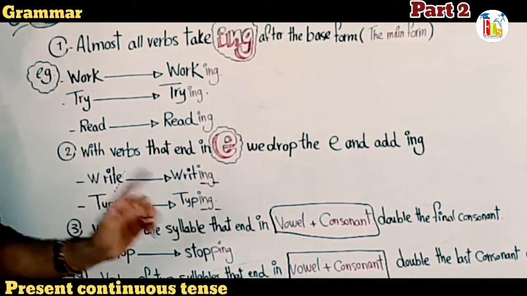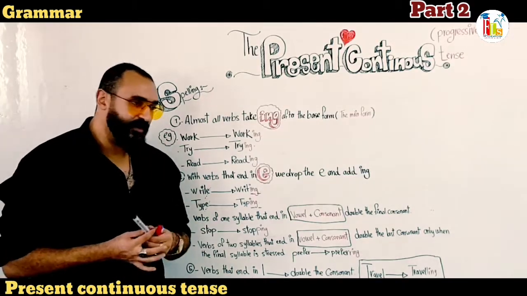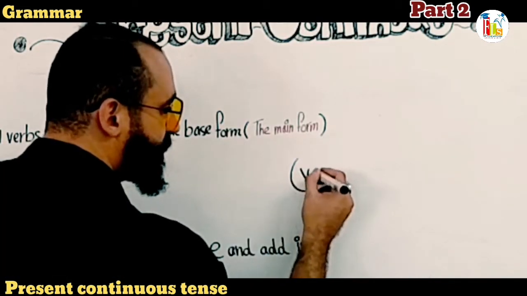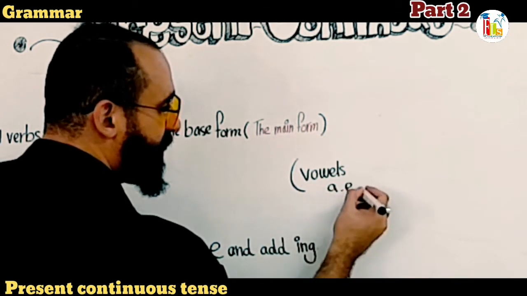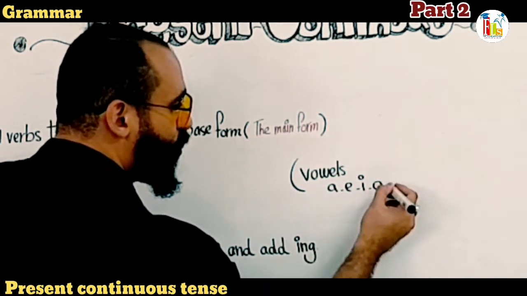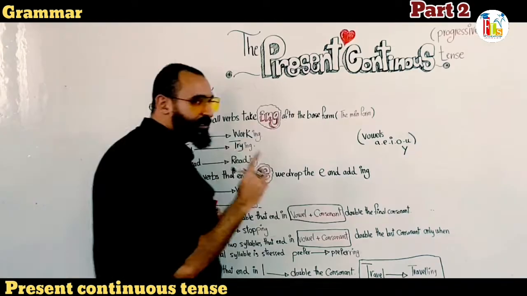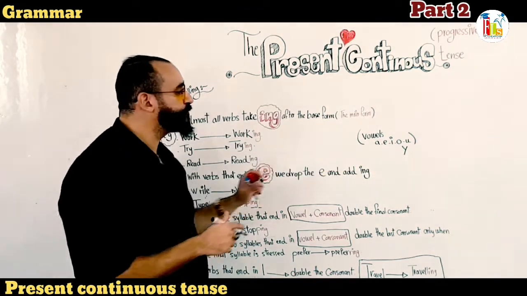Verbs of one syllable that end in vowel plus consonant. Are you aware of the vowels? We have 5 vowels: A, E, I, O, U, and sometimes Y. Sometimes Y. I will discuss this point in a different video.